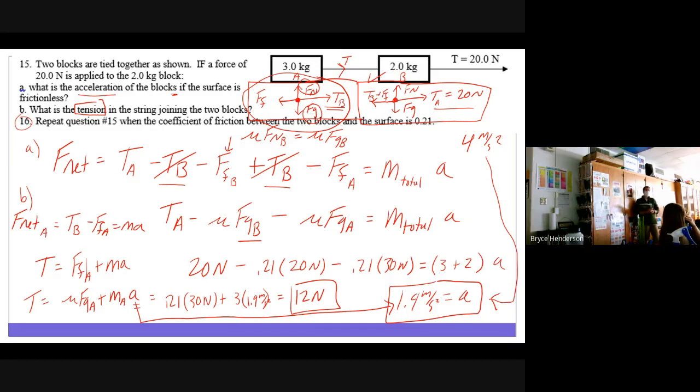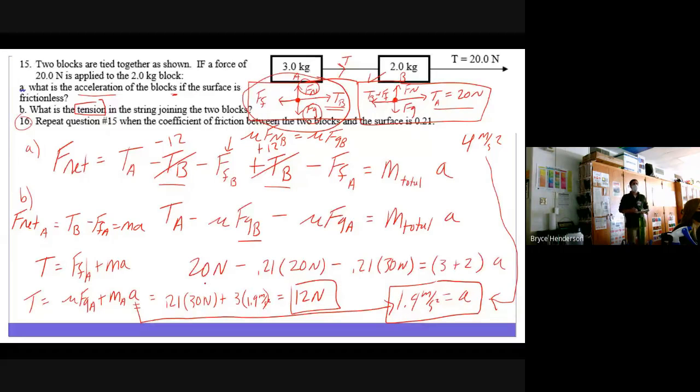Now, if we want to stop and check ourselves, how do I know that's right? I mean, we could go back and plug it in here. We would have a -12 and a +12. So technically it's canceled, but how did we get the 20 newton friction?